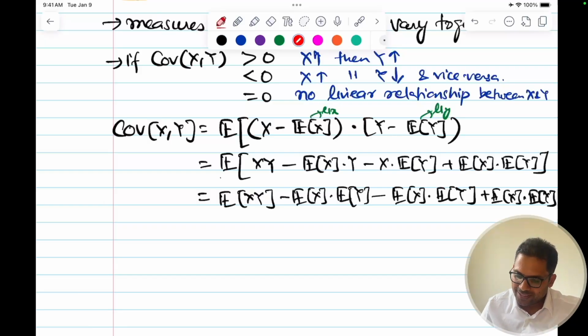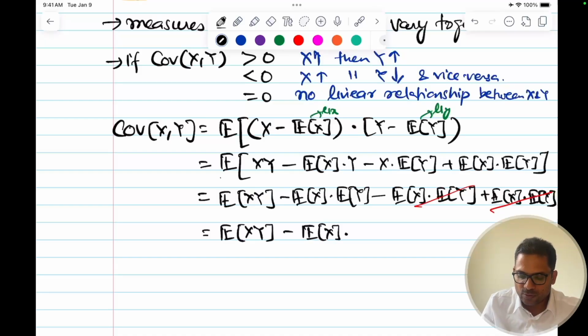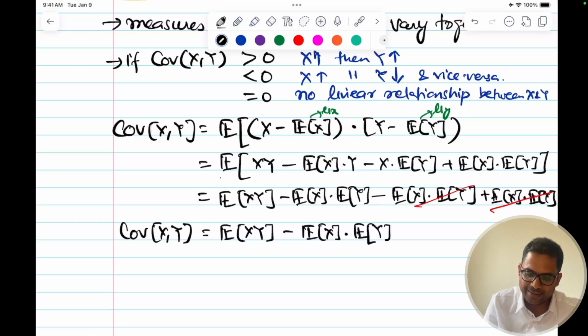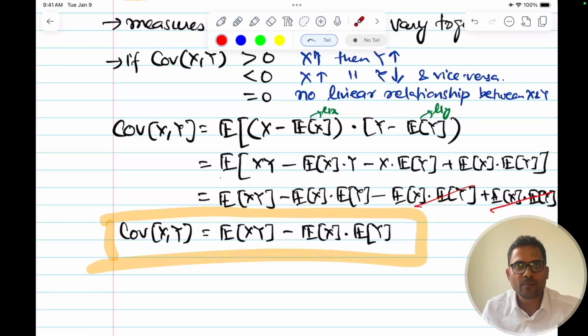So if you see, this term and this term are the same, so this gets cancelled, and finally this is equal to expectation of xy minus expectation of x into expectation of y. This is your covariance of x comma y. I hope covariance is clear.